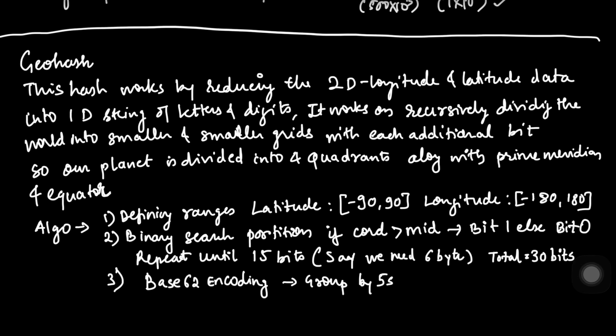We repeat this process 15 times, because if we want 6 characters of precision for the geohash, we do it 15 times each for latitude as well as longitude. In this way we have 30 bits. After interleaving those 30 bits, we convert the whole thing into a base 32 encoding where we group by 5s, and then we finally have the geohash of that particular longitude and latitude.